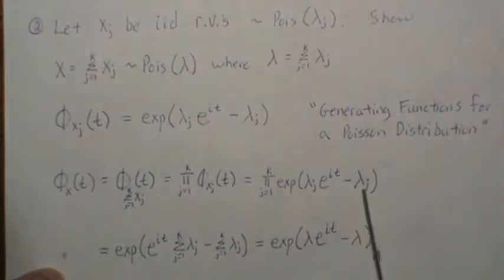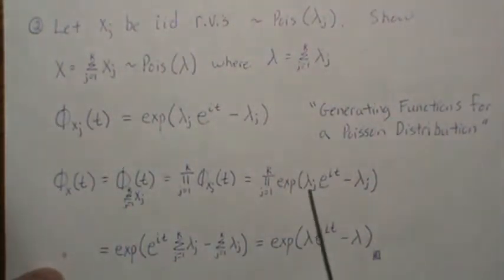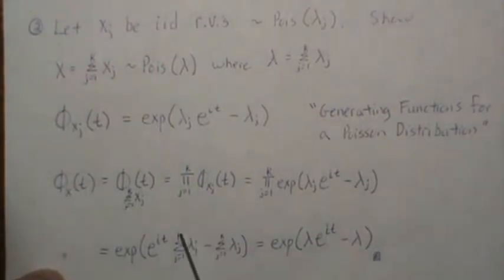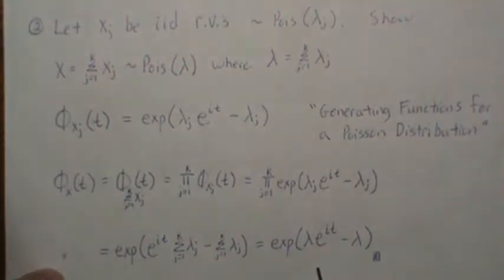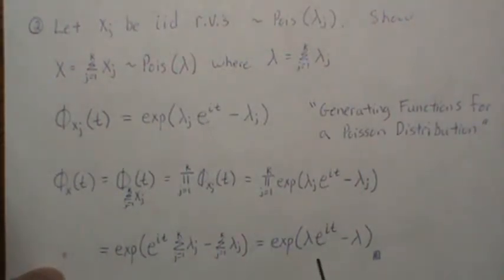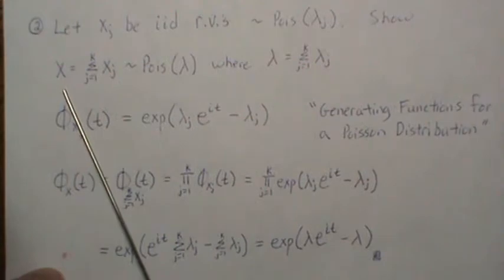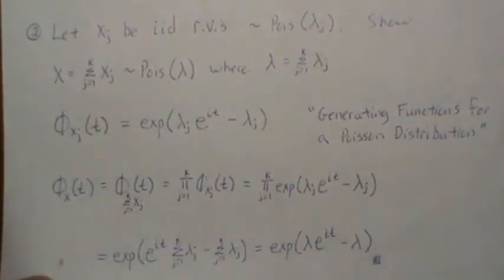So these lambda_j's become this, and then this is a coefficient in front of this term, which you end up adding, which is this. And then if you think of this as lambda, then it equals this, and this is of the form of a Poisson distribution. So the distribution of X is Poisson.